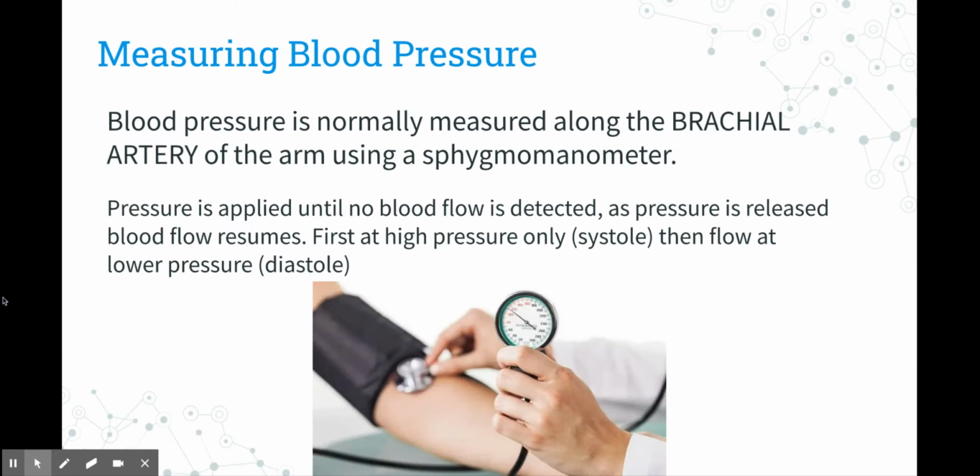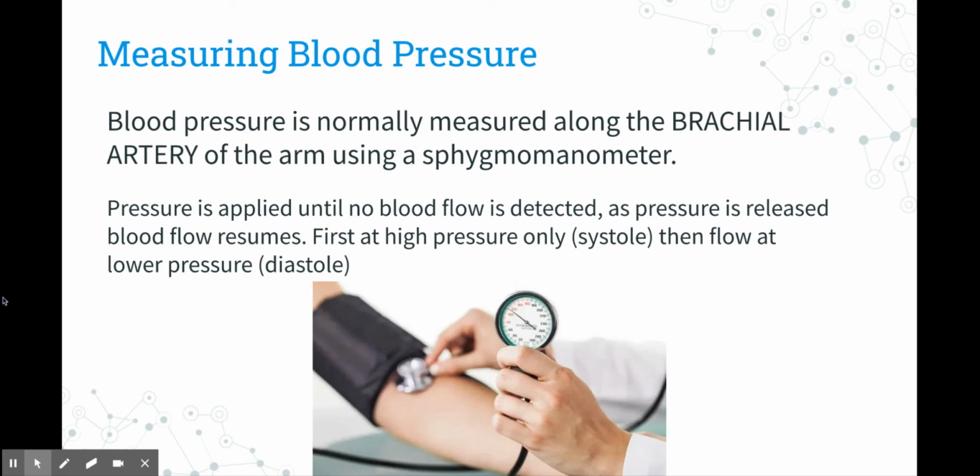Normally, blood pressure is measured on the brachial artery of the arm, so it's the upper arm, and the device used is called a sphygmomanometer. And how it works is first pressure is applied, that cuff around your arm is inflated until the blood flow actually is stopped. Once it's reached a higher pressure than the highest blood pressure your arteries are exerting, it actually collapses the arteries.